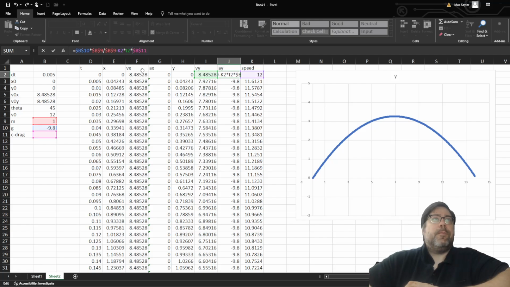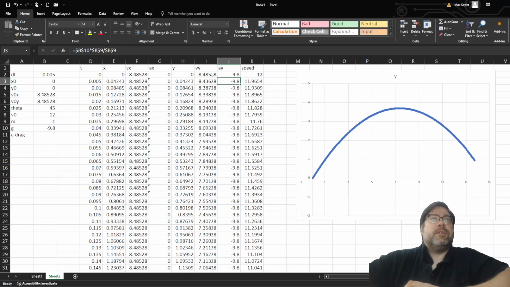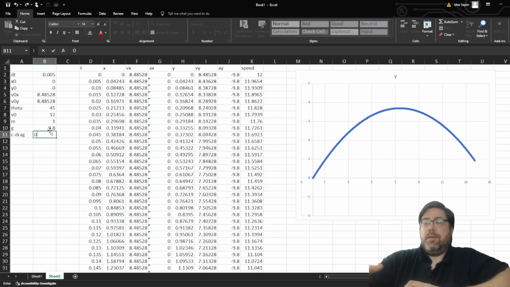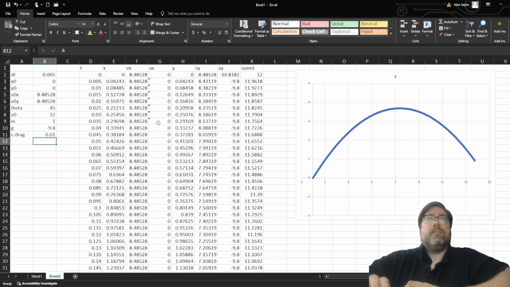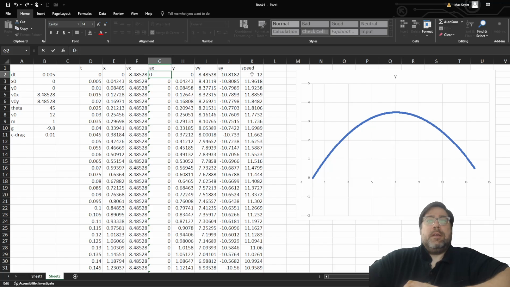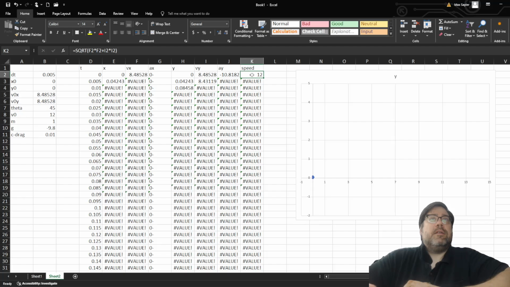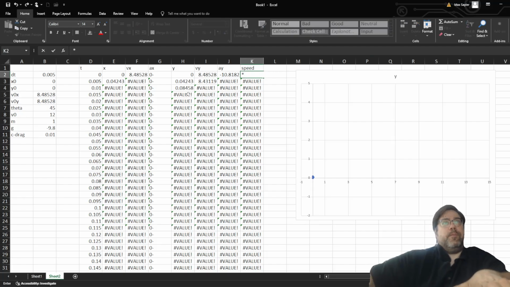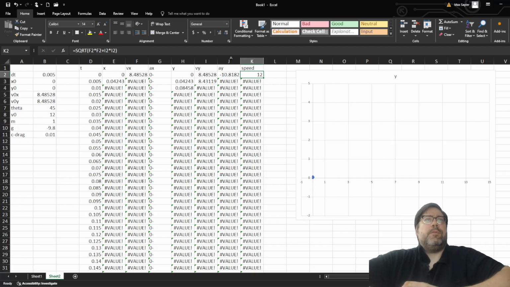So this is k times the speed times the velocity. And 0.01, let's say. All right, we can copy that down. And let's do the same thing here. This is going to be 0 minus the speed times, what happened here?